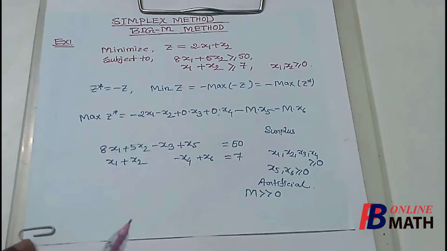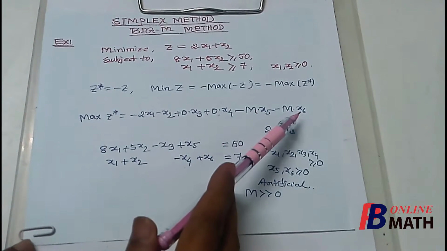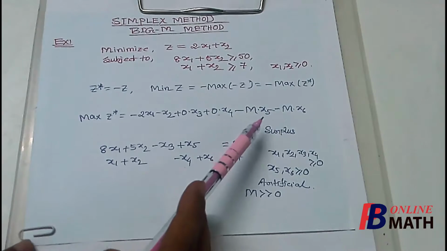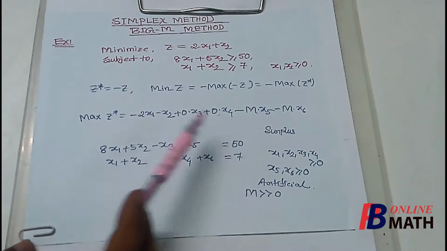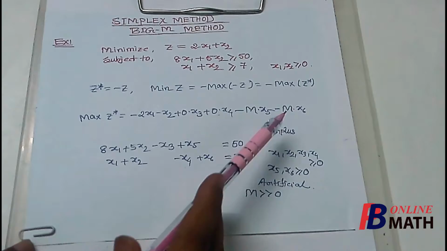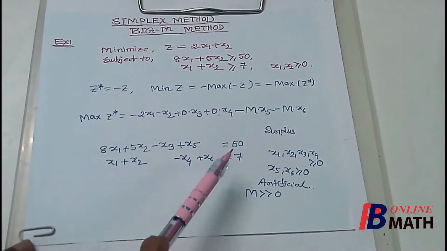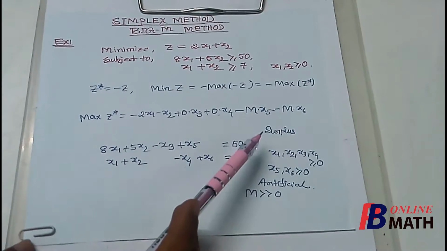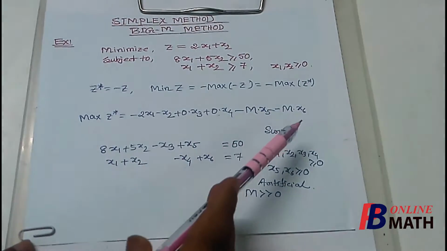So if the problem has a finite optimal solution, then obviously x5 and x6 will be 0, because if x5 and x6 are positive, then the maximization of z will tend to minus infinity, which is not feasible. So at the final solution stage, we expect that x5 and x6 will be 0.